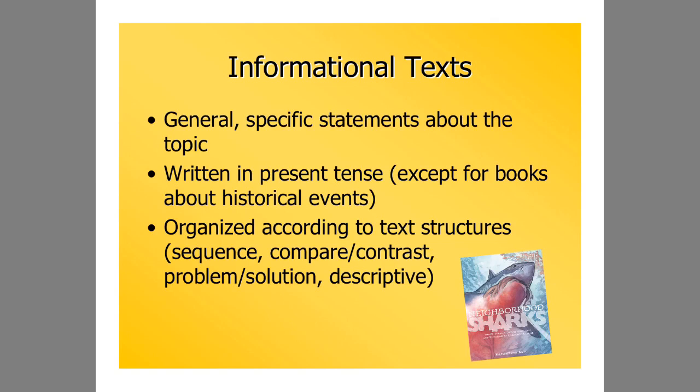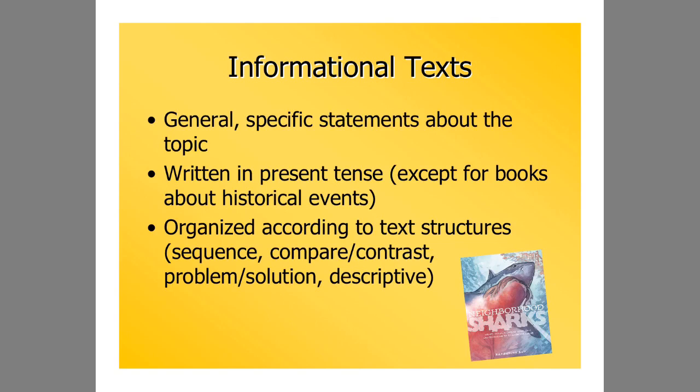And as you might expect, you tend to see a lot of history books written according to a sequential or a chronological text structure. But if you also are reading books about, say, processes in science, like how a caterpillar turns into a butterfly, a book like that is also likely to be written according to the sequential text structure.